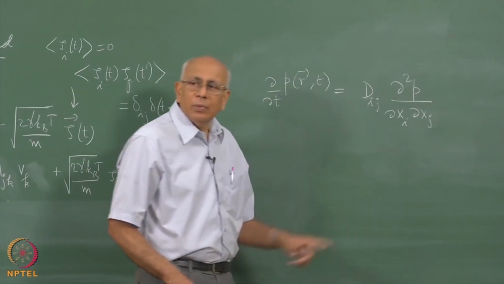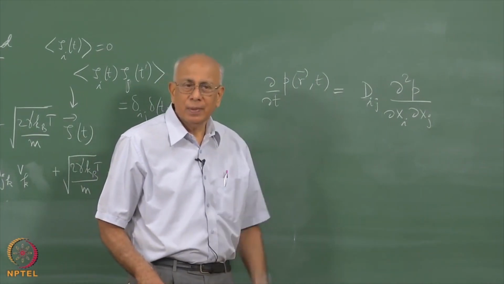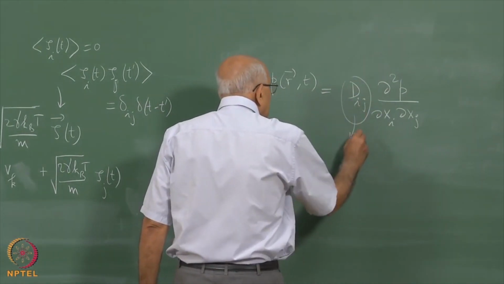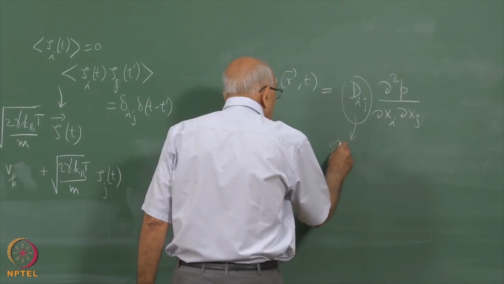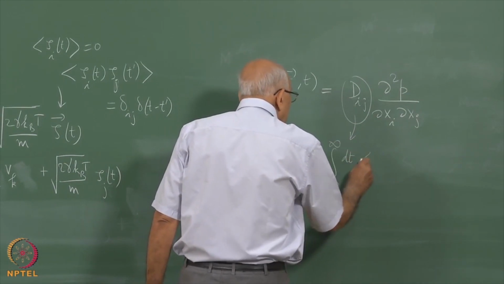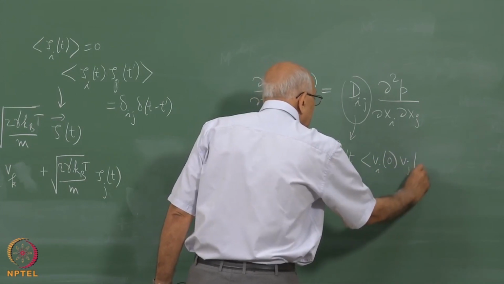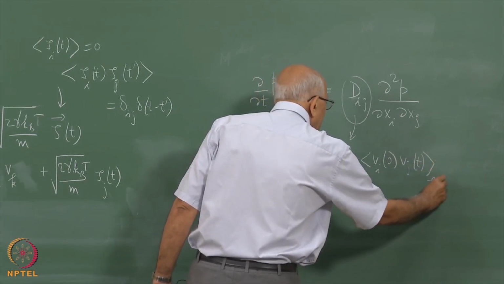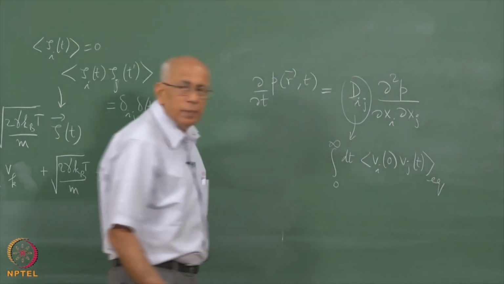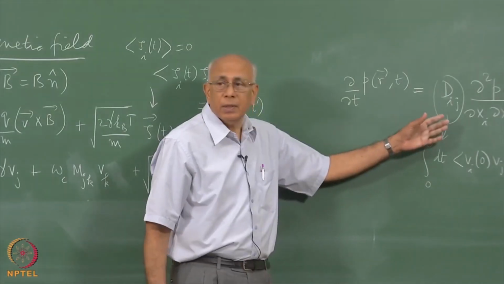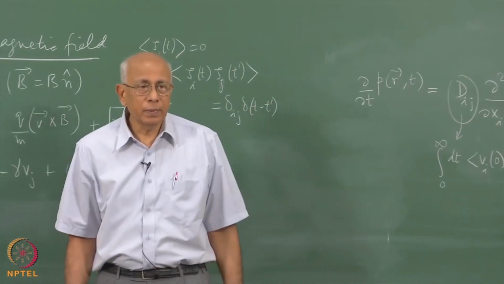What did we do? We used the Kubo formula in this case and argued that this quantity Dij was equal to an integral from 0 to infinity dt of vi of 0 vj of t, equilibrium, and that promptly gave us what this diffusion tensor was.